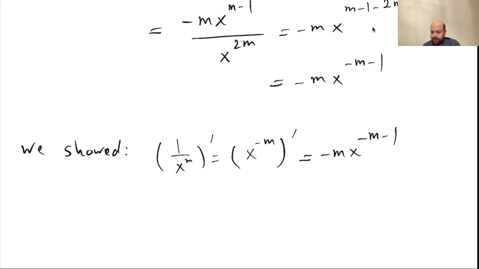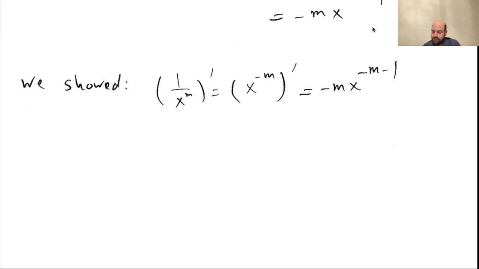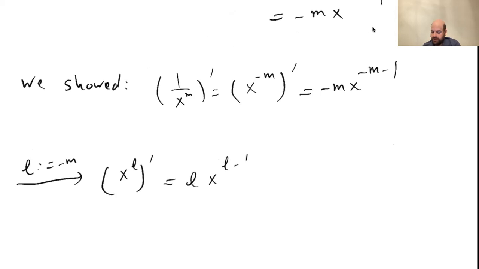So if I call minus m, let's say, L, then I can say the derivative of x to the power L is equal to L x to the power L minus 1.